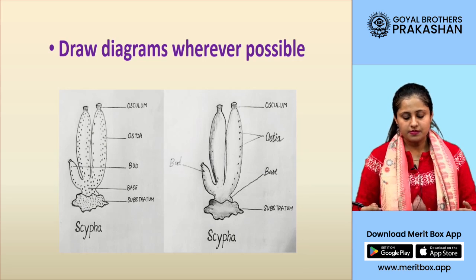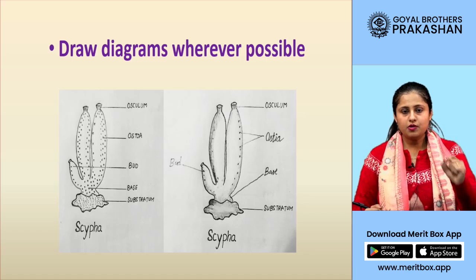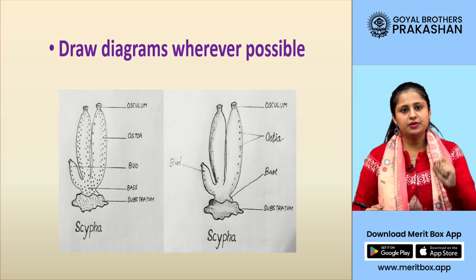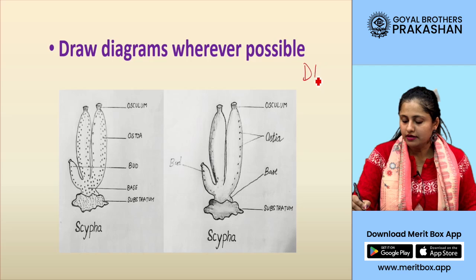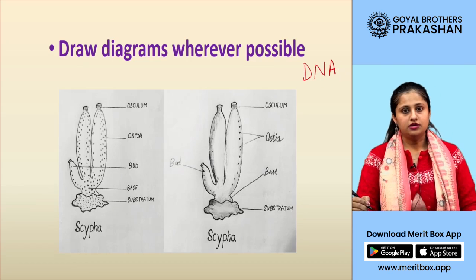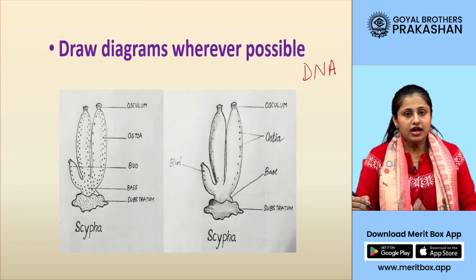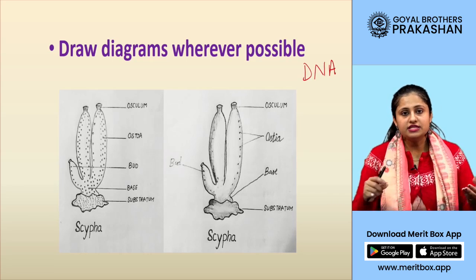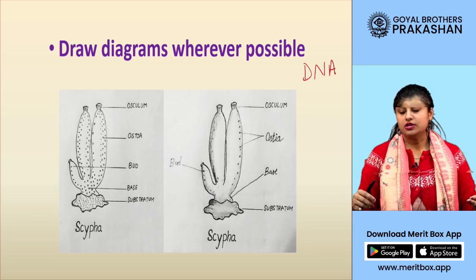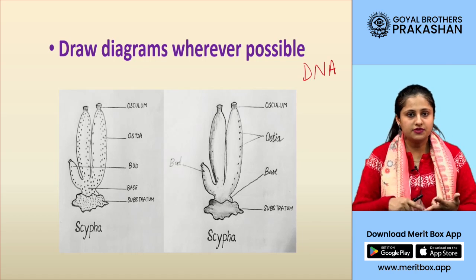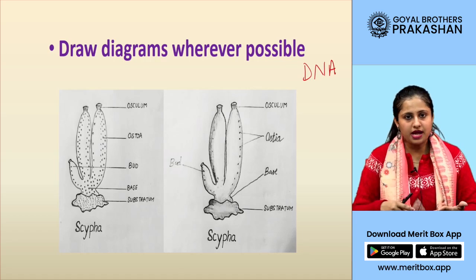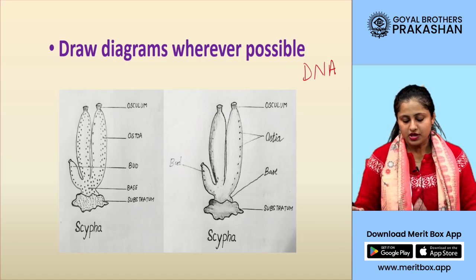For example, there is a question where some particular topic is asked, say the question is about DNA. You have to think about what all things you can show in your diagram. You can show the nucleotides, the phosphate group, the sugar phosphate backbone and many more.